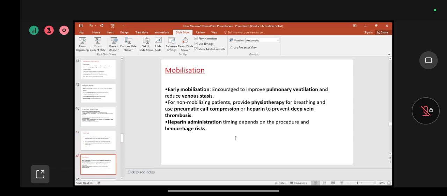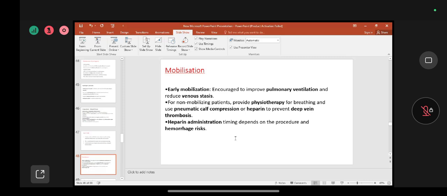Mobilization after surgery: early mobilization encourages pulmonary ventilation and reduces venous stasis. For non-mobilized patients, we can use aggressive physiotherapy for breathing, pneumatic compression, and heparin to prevent deep vein thrombosis.